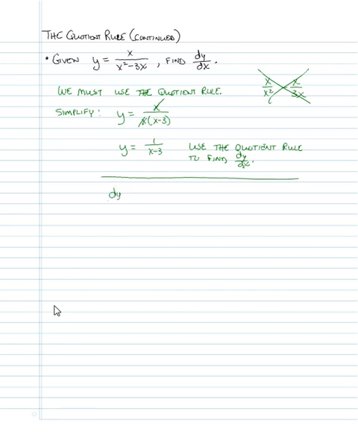The derivative of y with respect to x is a fraction. And the way we go about calculating that is that we take the denominator, which is x minus 3, and we multiply it with the derivative of the numerator, which is just 1. And then we subtract from that.